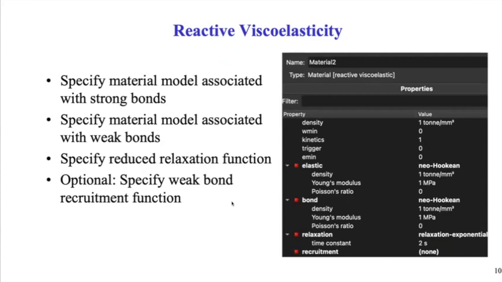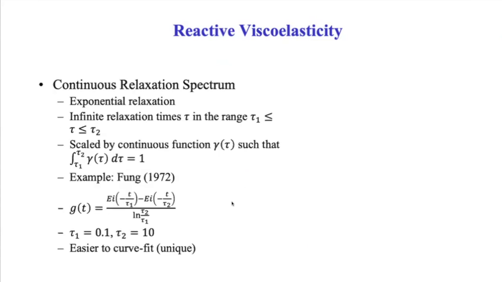So when we do this, we have the ability to do continuum relaxation spectra, which you cannot necessarily do easily with a discrete relaxation spectrum like the Prony series. The Prony series is a discrete relaxation spectrum because you're using a sum of exponentials. You have a discrete number. In FEBio, the maximum that you can do is 6 terms in the Prony series, which is more than you need for most cases, but that's a discrete relaxation spectrum.